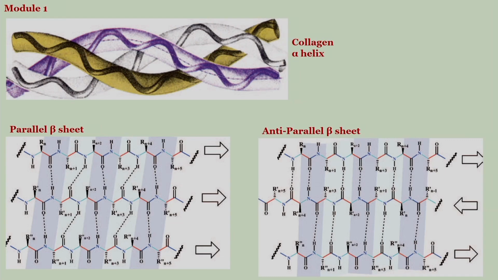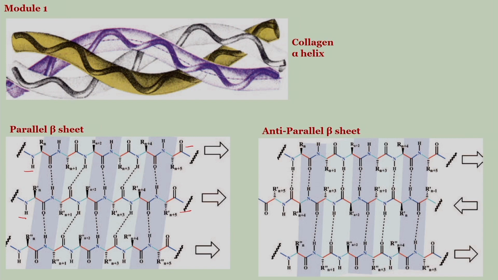And again, the beta structure can be of two types. One is that you have started with the N terminal here, this is your C terminal. The other protein can be in the same direction, N terminal and C terminal, and then you can see that their backbone, this amine and this carboxylic acid, are coming within hydrogen bond distance. These two are coming within the hydrogen bond distance like this.